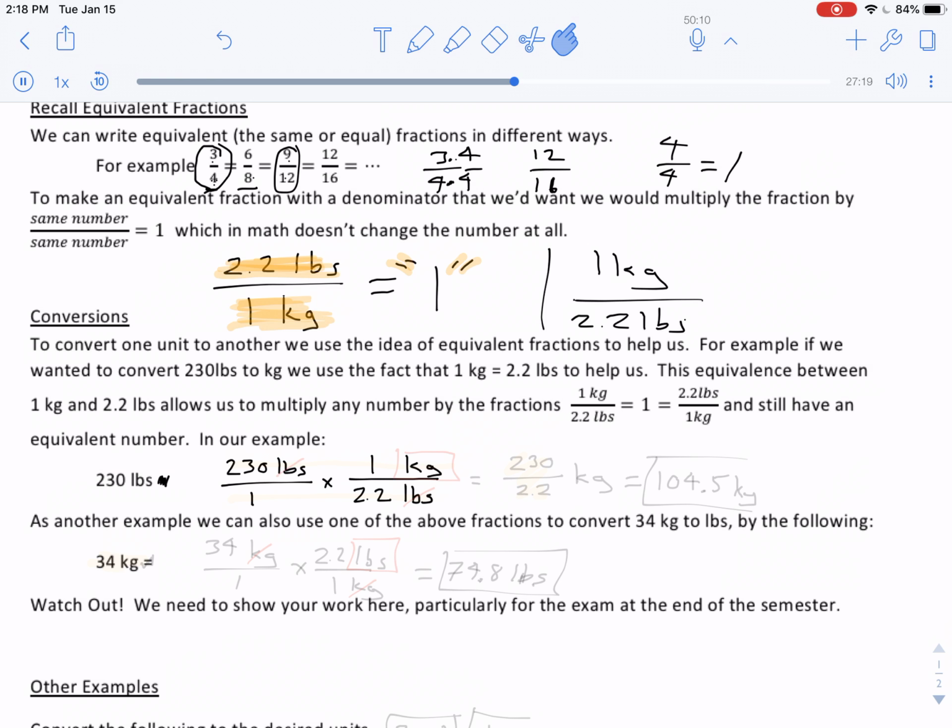Which allows me to then cancel the pounds, because it cancels just like in math. And what I'm left with is units of kilograms. So when we're all said and done, what I have is 230 times 1, which is just 230, over 1 times 2.2, kilograms.